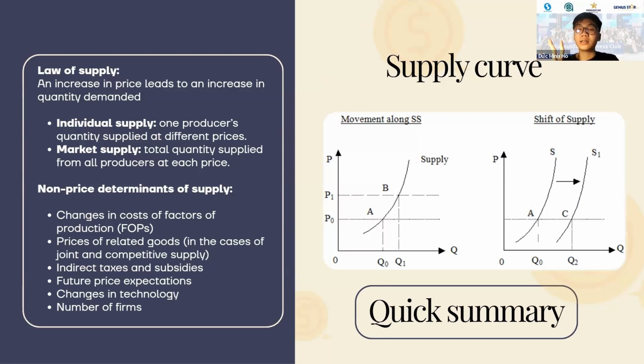Before, we had a diagram of the supply curve, and here we have explained the causes of these movements and shifts. For example, a price change causes a movement along the same curve, while changes in non-price factors cause the entire curve to shift. Finally, we looked at key non-price determinants of supply, including production costs, related goods, taxes and subsidies, expectations of future prices, technology, and the number of firms in the market.